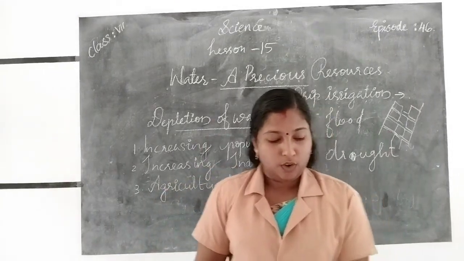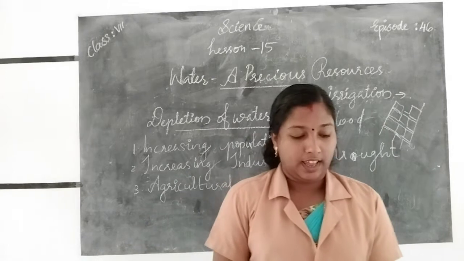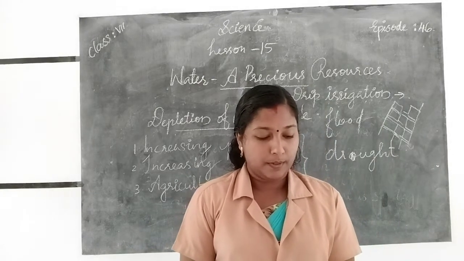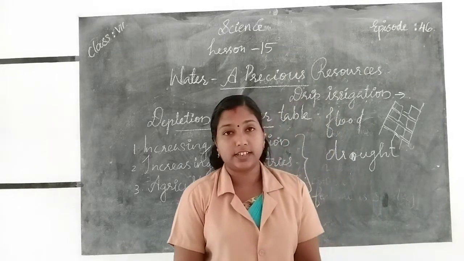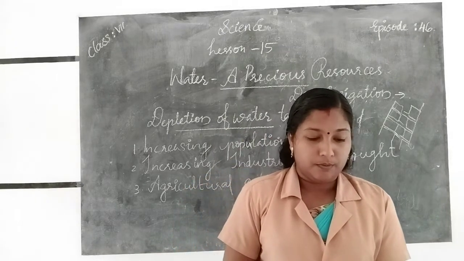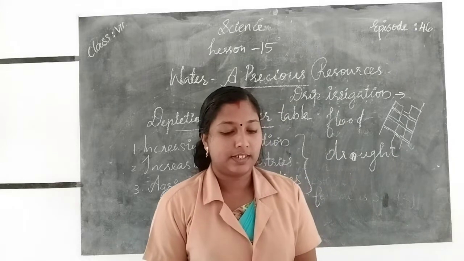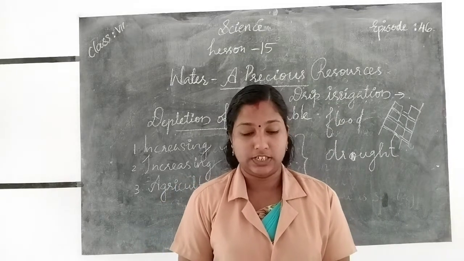Next, what role can we play? There are a number of ways we can adopt to minimize the wastage of water. First one, water-wise habits. Turn off taps while brushing.